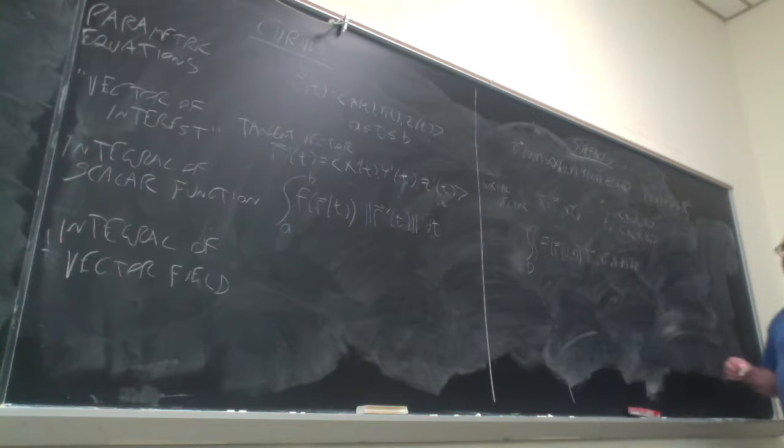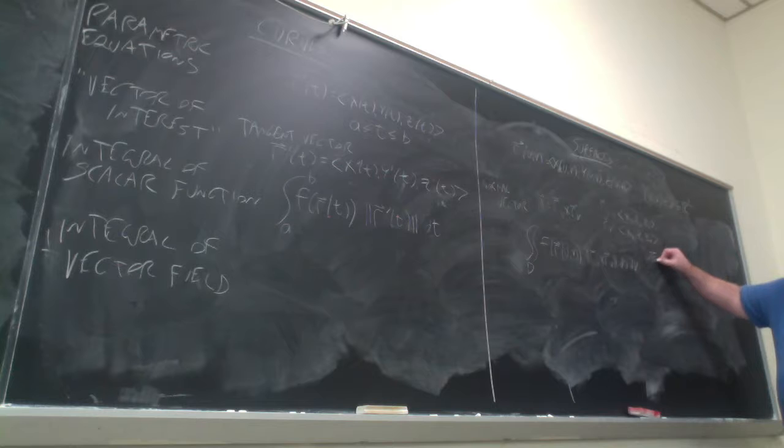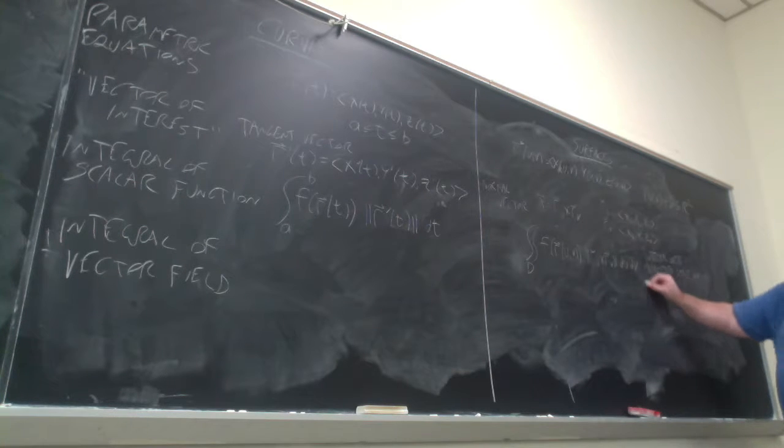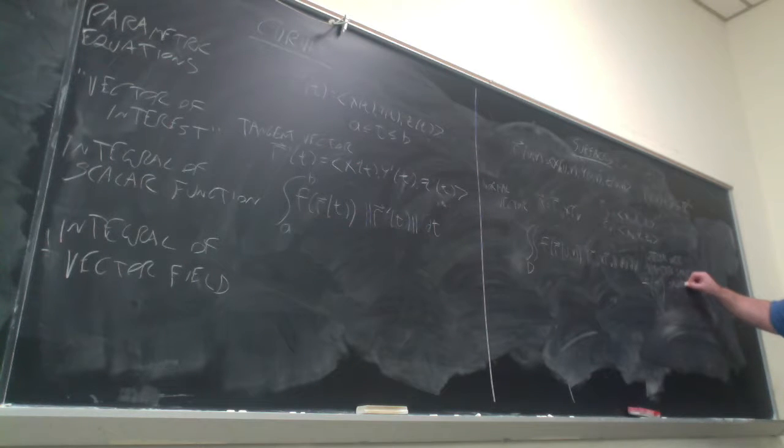It is the integral over the parameter space, so t over here, u and v over here, of your function with your parametric equation substituted in, whatever they are, for x, y, and z, times the magnitude of your, this is just my term, it's not an official thing, vector of interest, the tangent for a curve and normal for a surface.